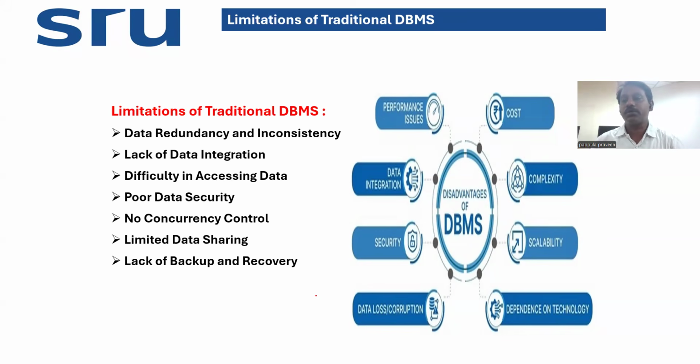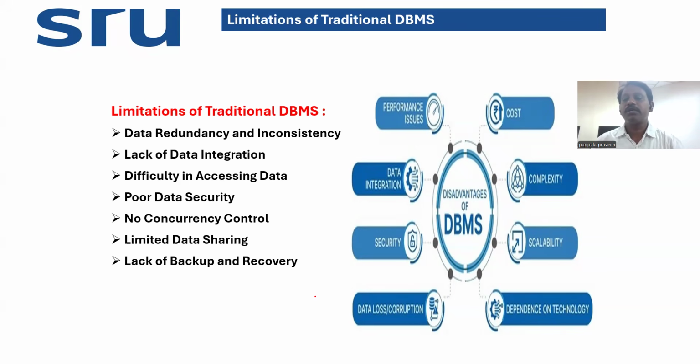And poor data security: unauthorized people can access easily. And no concurrency control means whenever multiple users access the data, conflicts will be raised. And limited data sharing: data sharing is very limited, and backup is very bad, and recovery is also bad.